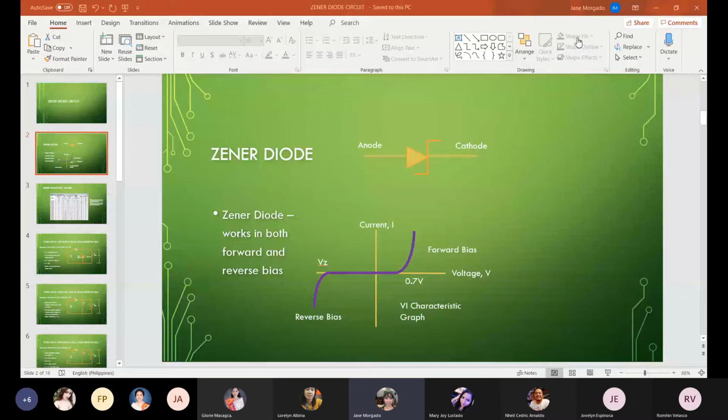Sa MS Teams kasi maraming issues, minsan hindi ka makakasubmit dun. But then, MS Teams is the official platform. Kaya we have to use it for documentation para everything is official. Kaya MS Teams and G Suite.